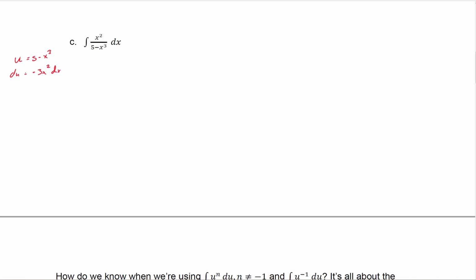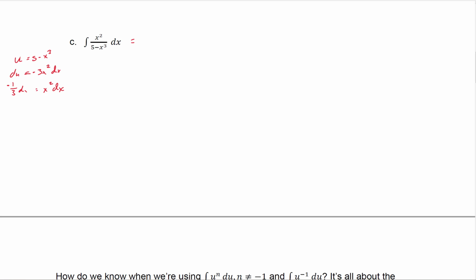So we have x squared dx, but we have negative 3x squared dx equals du, so we've got to turn that negative 3 in front of the x squared into a 1. So divide by negative 3 on both sides. So negative 1/3 du equals x squared dx.